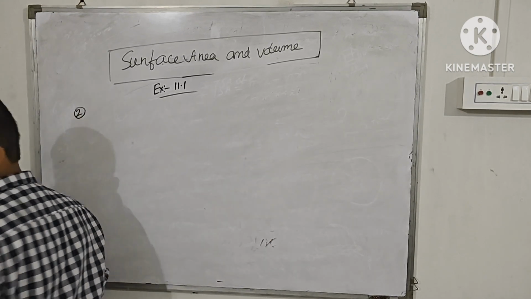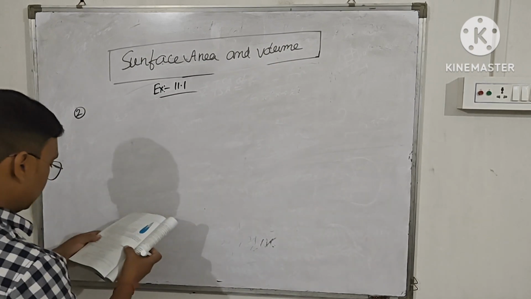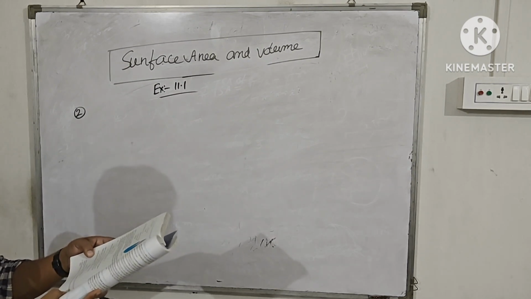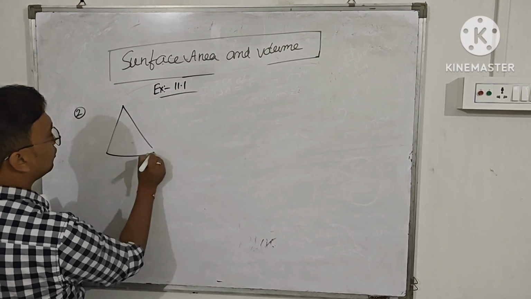Question number 2. Find the total surface area of the cone if the slant height is this and diameter is this. So again, here is a cone like this.